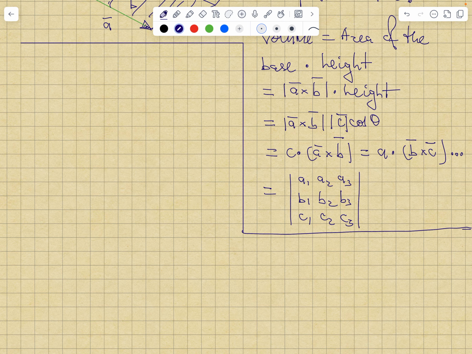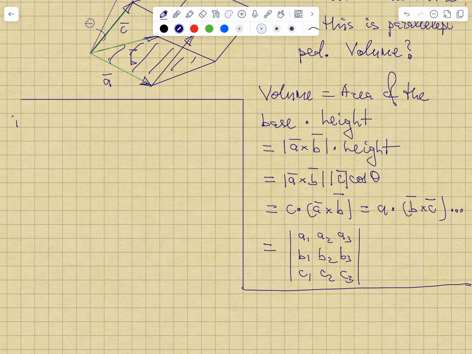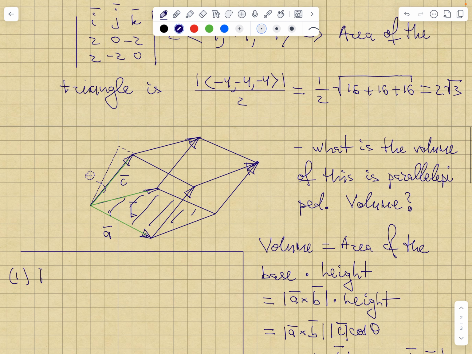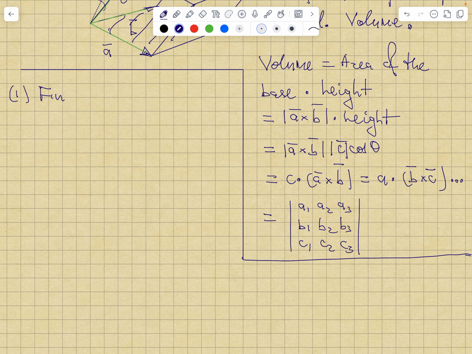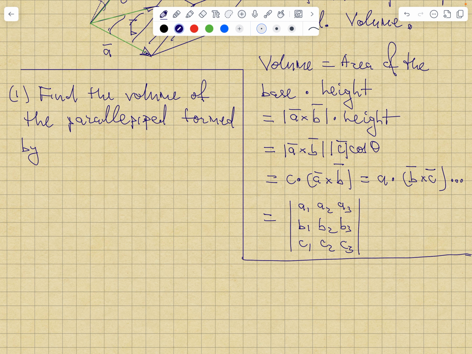Suppose, number one, that I want to find the volume of the parallelepiped formed by the following vectors: (-1, 1, 0), (-2, 0, 1), and (0, 1, 3).